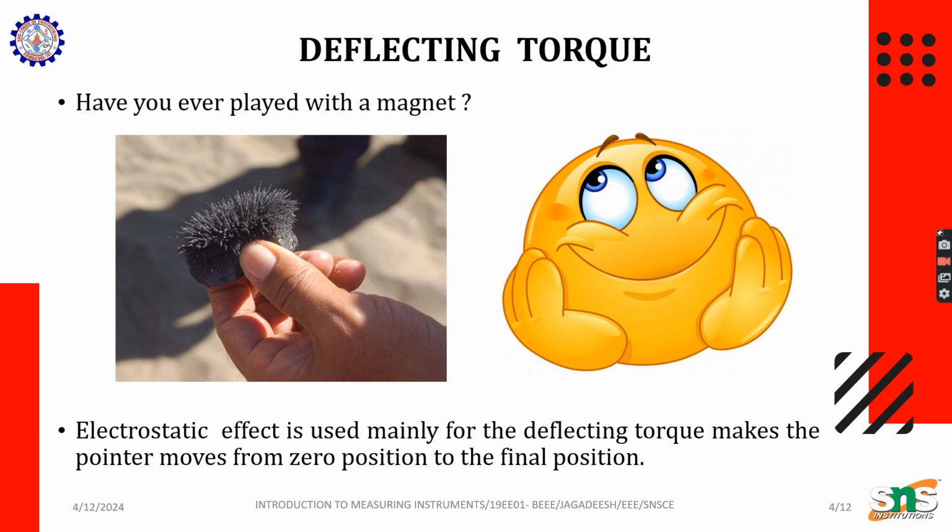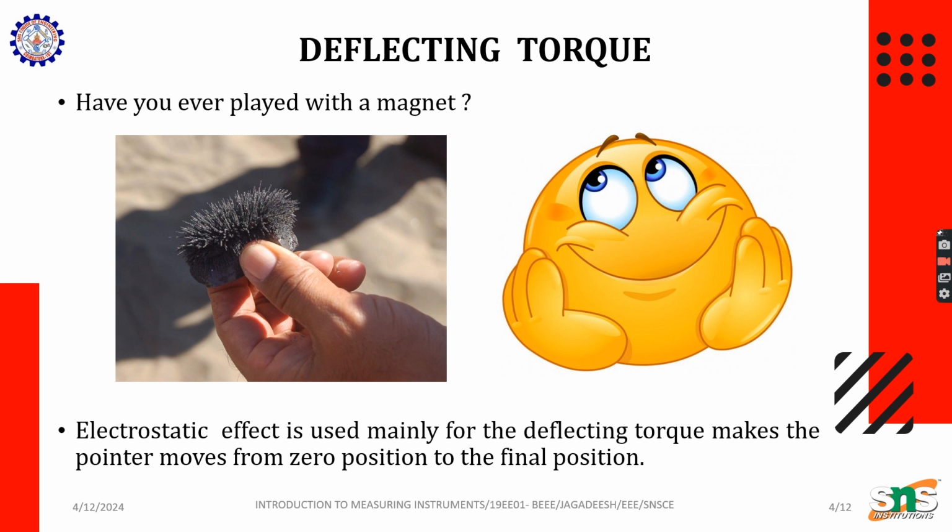There are three important torques required for working with the principle of measuring instruments. The first is the deflecting torque. Before getting into the deflecting torque, let us understand: have you ever played with a magnet by putting the magnet on the sand, and a lot of particles stick to the magnet?